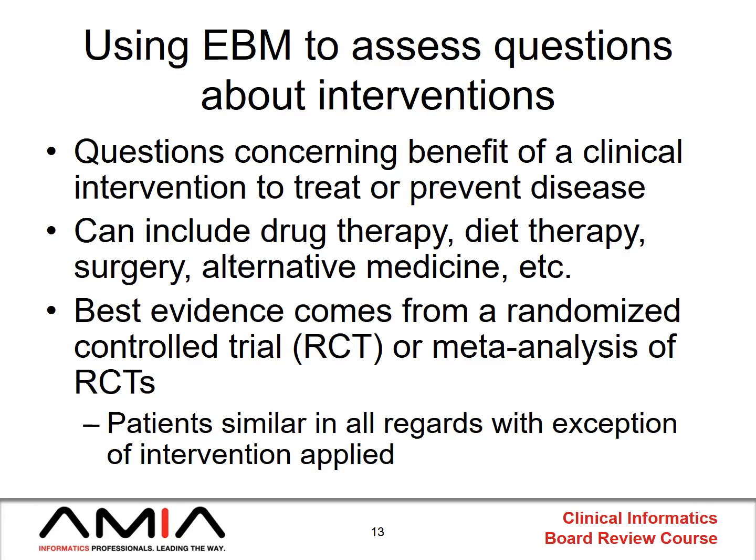We most commonly think of this as drug therapy, but it can be any type of intervention, diet therapy, surgery, alternative medicine, etc. When looking at evidence about interventions, the best evidence comes from a randomized controlled trial, or an RCT, or a meta-analysis of such trials. The key in a randomized controlled trial is that the patients are similar in all regards, with the exception of the intervention that's applied.